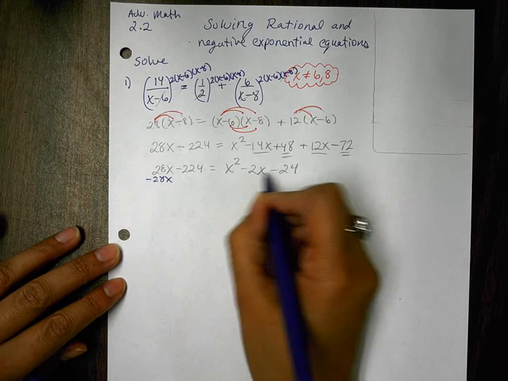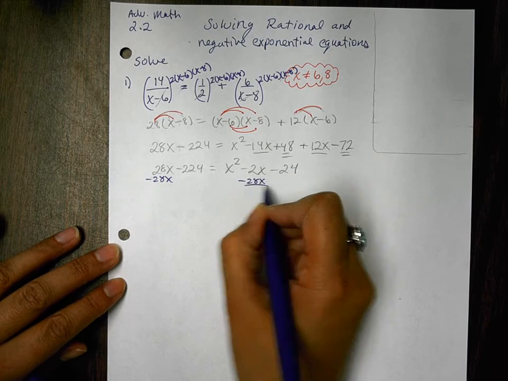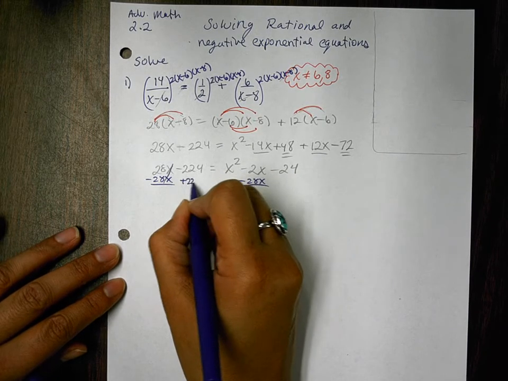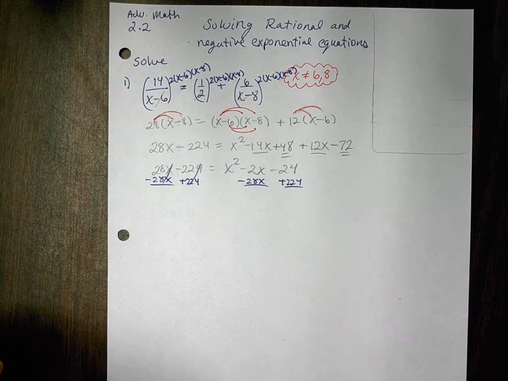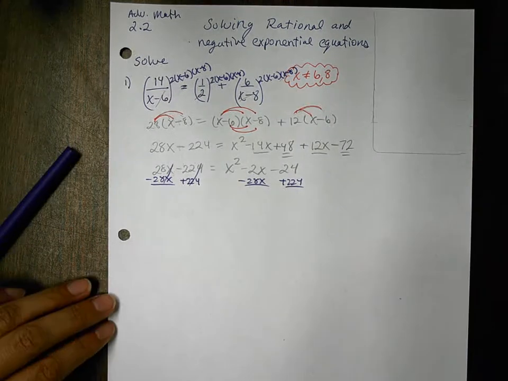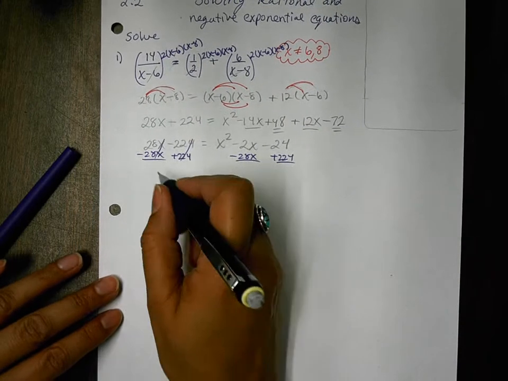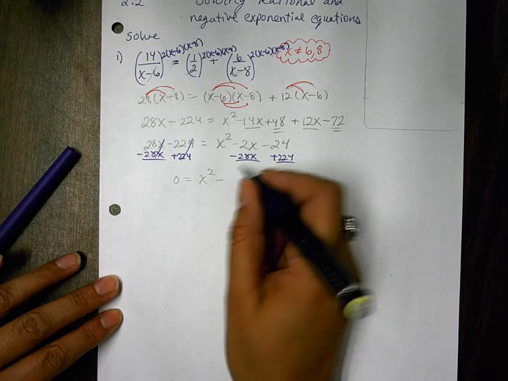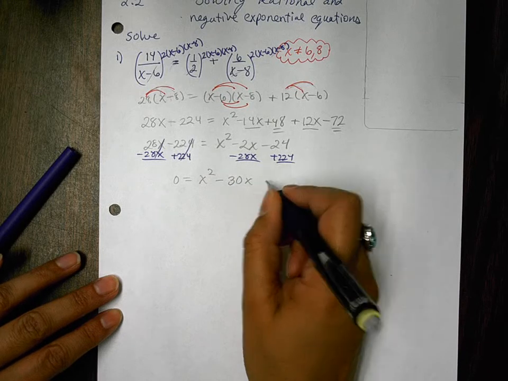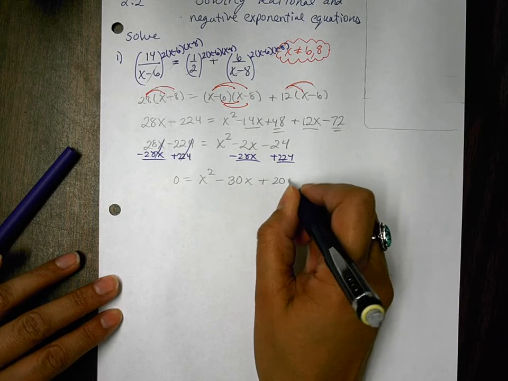Minus 28x, minus 28x, and I make sure I line up the like terms. Plus 224. 0 equals x squared minus 30x plus 200.